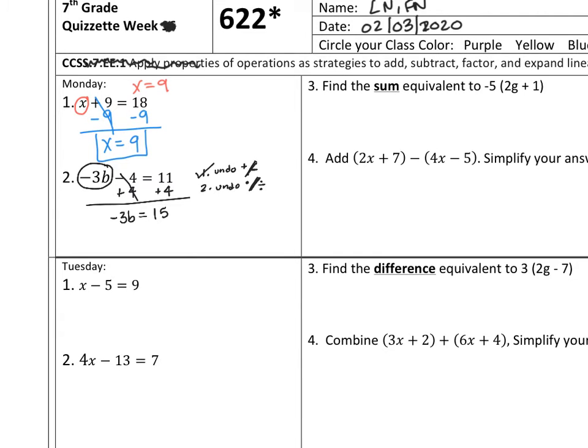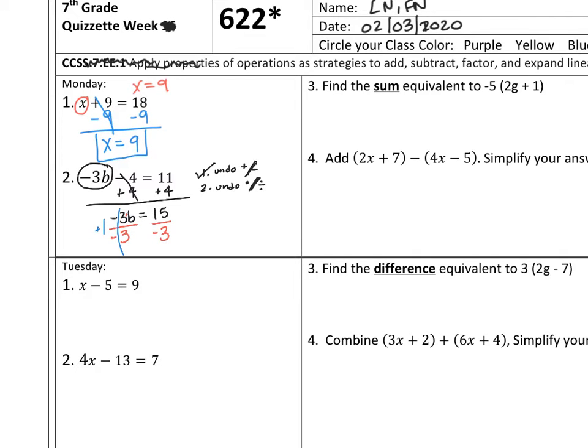Now I'm going to undo multiplication or division. And right here I see that negative 3 is actually being multiplied to b. So because it's being multiplied, I'm going to do the inverse operation, which is dividing by negative 3. And what I do on one side, I have to do to the other side. Negative 3 divided by negative 3 is positive 1.